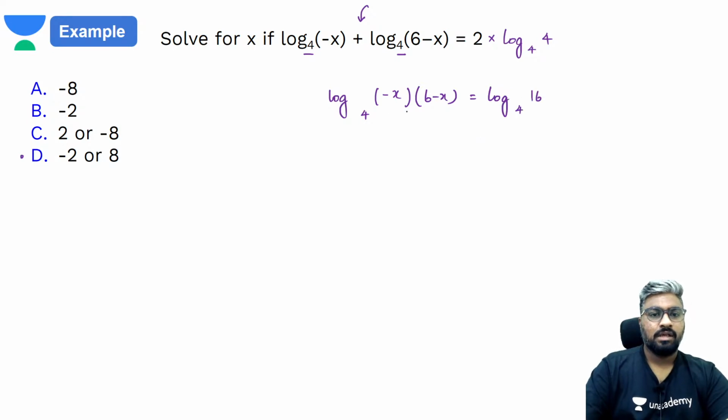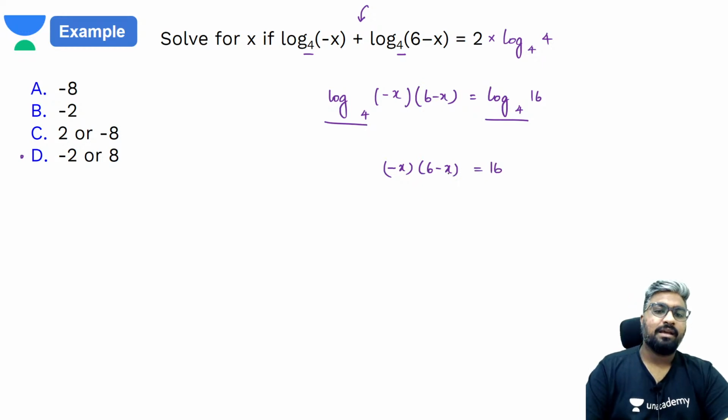What will we get? Same logarithmic expression, same base. So we have minus x into 6 minus x is 16. If you want to solve this using a quadratic equation, solve it. What will you get? x square minus 6x minus 16 is 0.